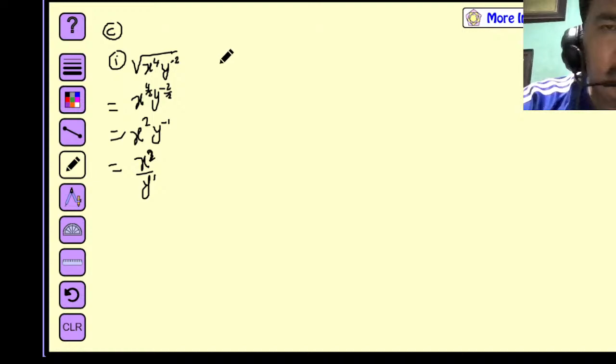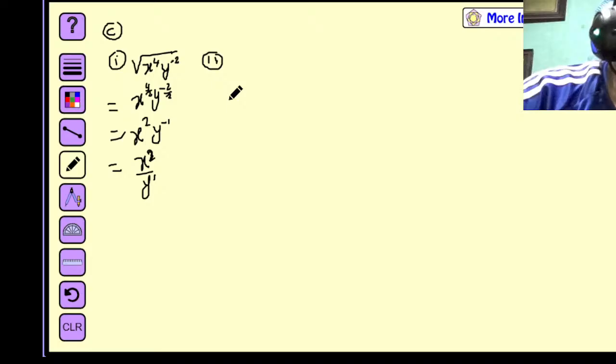Now similarly, look, I want to solve the second question here, which is like this.